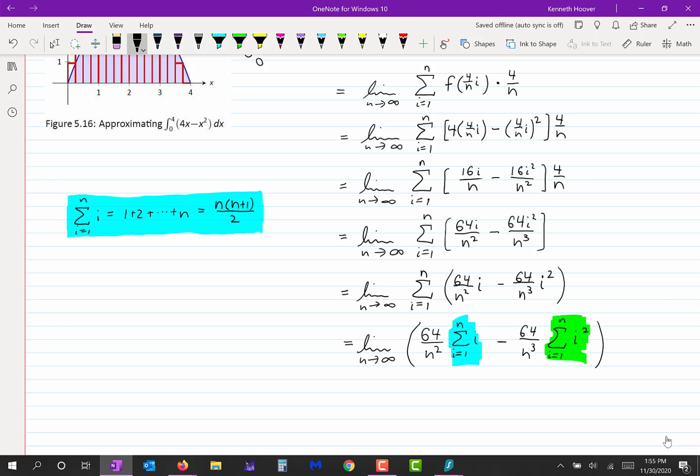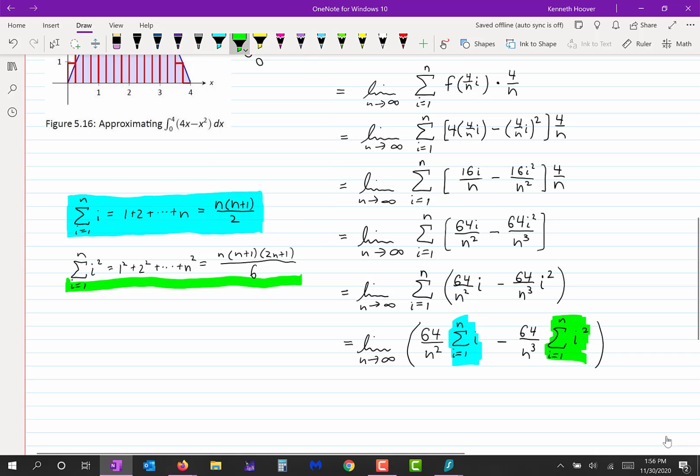And there's also a formula for the sum of a bunch of squares. So this would be 1 squared plus 2 squared, etc., up to n squared. It's a much more complicated formula. This one is n times n plus 1 times 2n plus 1 over 6. So if I gave you those two formulas to use, then you could plug them into our problem over there, couldn't you?